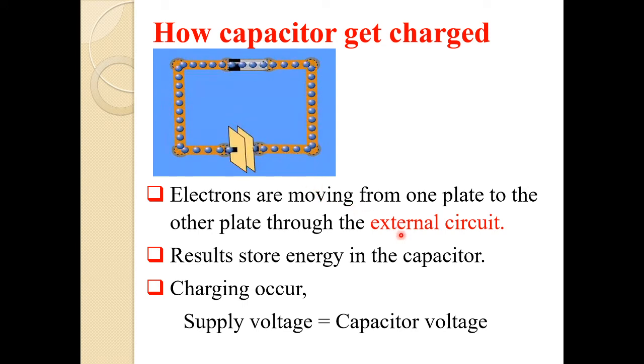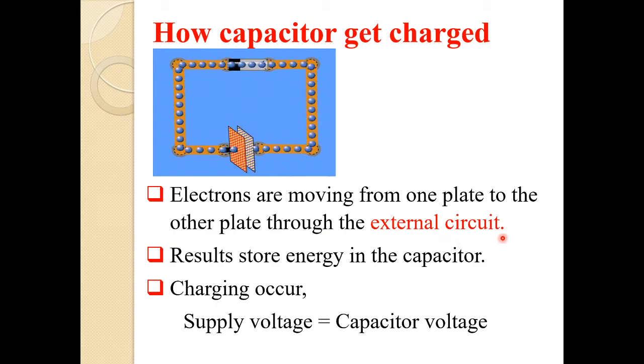It is very important to say that it is the external circuit, because electrons can't move between the two plates, as in the middle there is a gap filled with insulating material. So it is very essential to mention that electrons are moving from one plate to another through the external circuit.